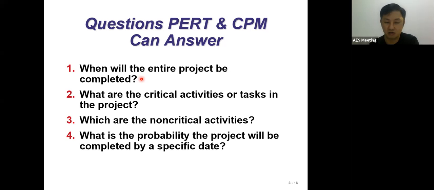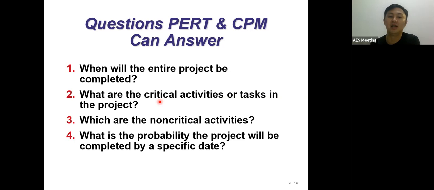All of that can be done without any problems. Second, we also know the critical activities along the critical path of the network, so we are able to identify the activities on the longest time path throughout the network.